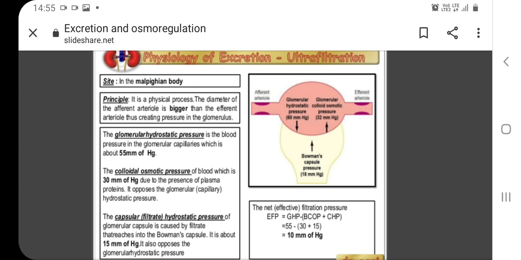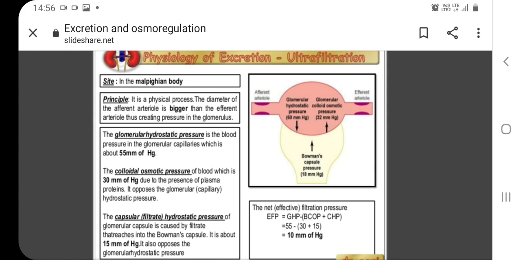The third pressure is the capsular hydrostatic pressure of the glomerular capsule, and is caused by filtrate that reaches into the Bowman's capsule.